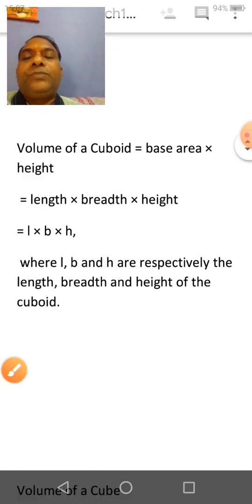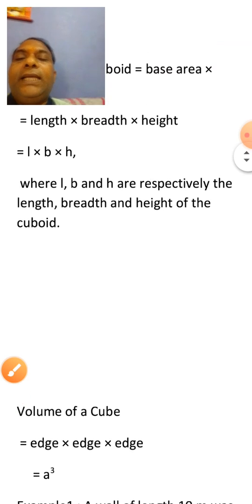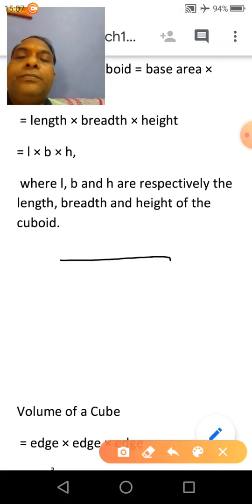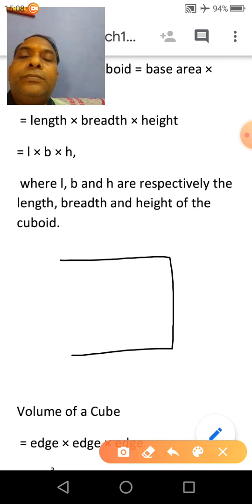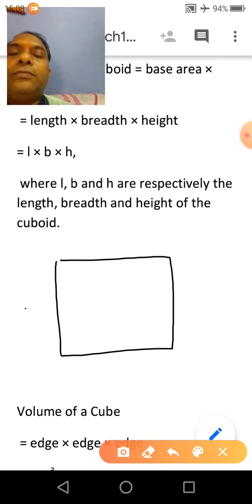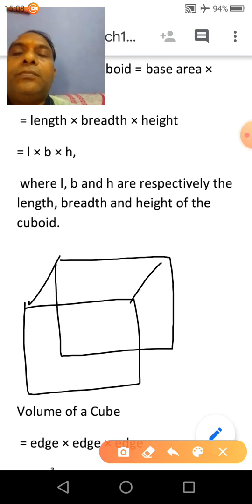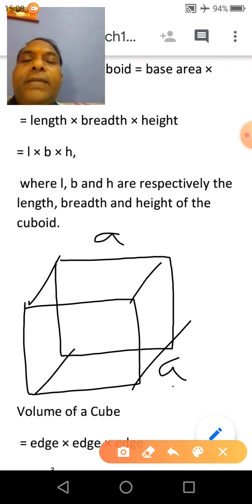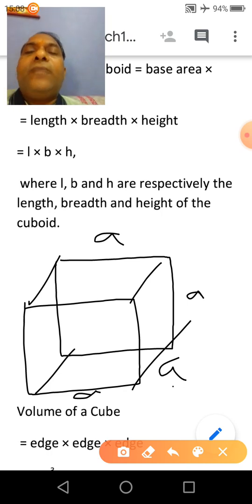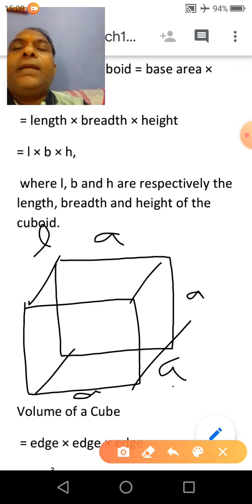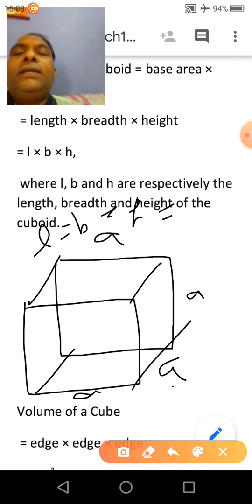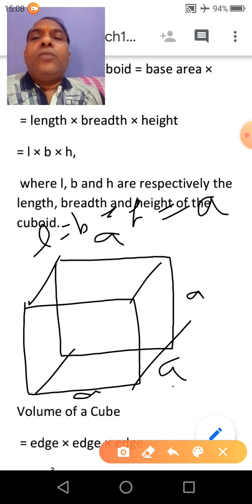Clear? Now, in case of a cube, the edge of the cube is A. It means its length is A, its breadth is A and height is also equal to A. So to find the volume of the cube, you have to put L equal to B equal to H equal to A in the formula of volume of cuboid.